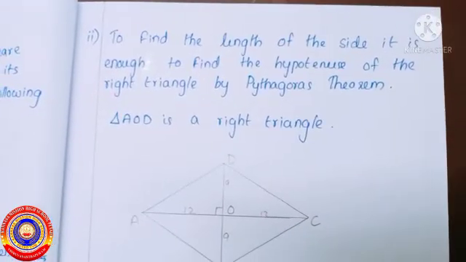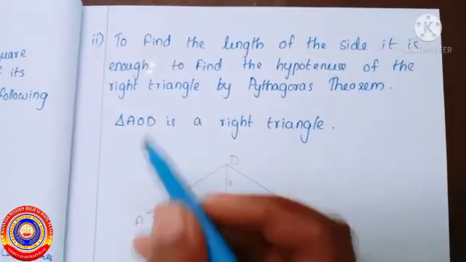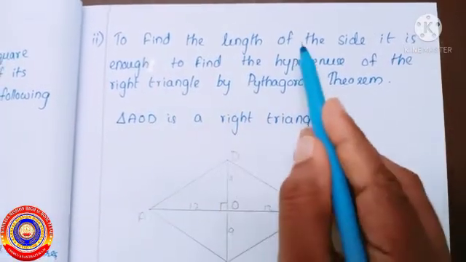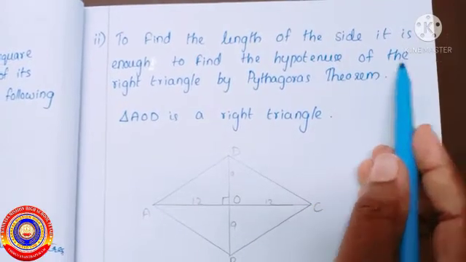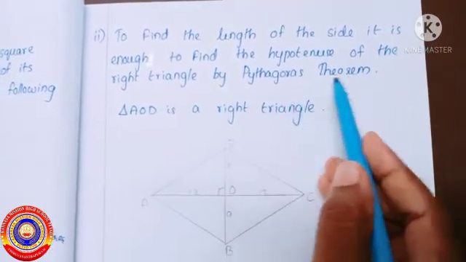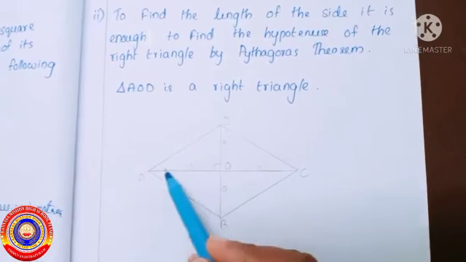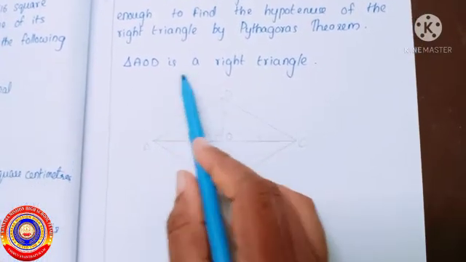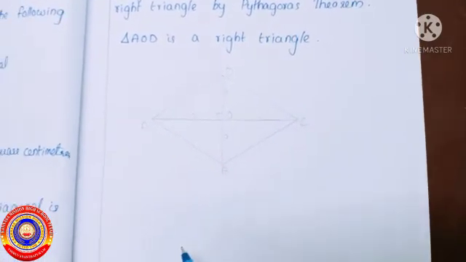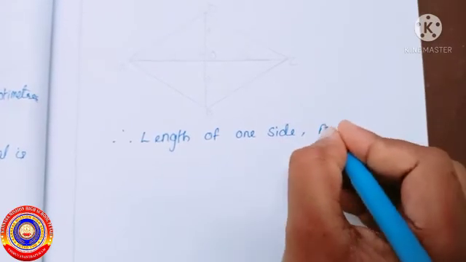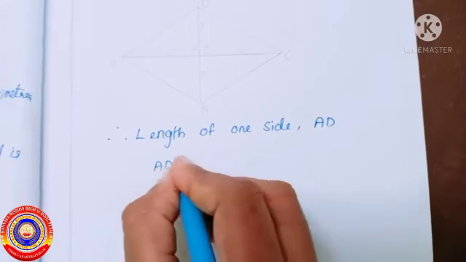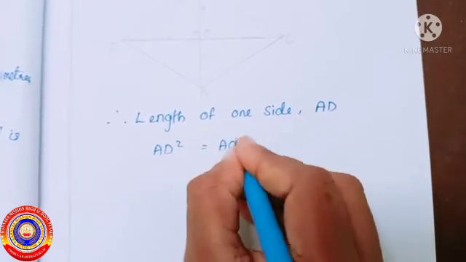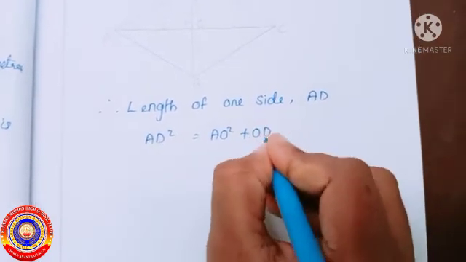The next sub question is to find the length of a side. To find the length of the side, it is enough to find the hypotenuse of the right triangle by Pythagoras theorem. Here triangle AOD is a right triangle. Therefore, the length of one side is AD. Then AD square is equal to AO square plus OD square.